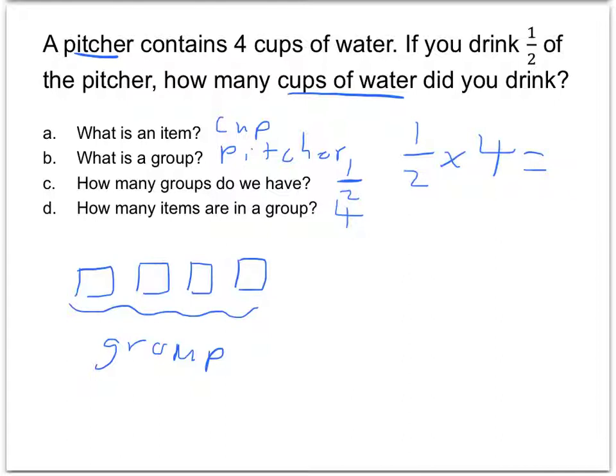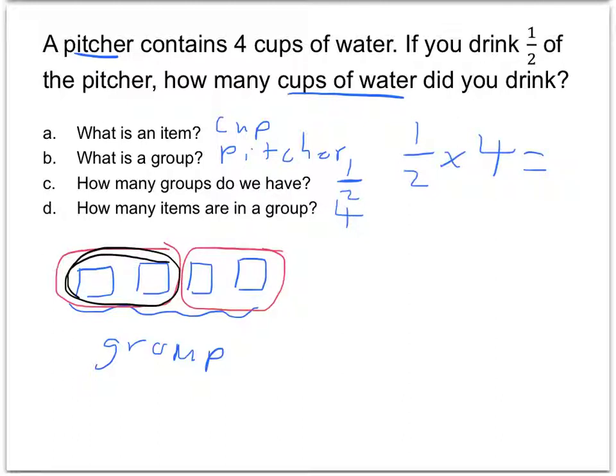Well, half means that we're going to take our group here, or our whole, and break it up into 2 equal pieces. So let's say we break it up into one piece like that, and another piece like that. So each one of those pieces is a half of the pitcher. We're going to drink one of those pieces, so let's just say we drink this piece right here.